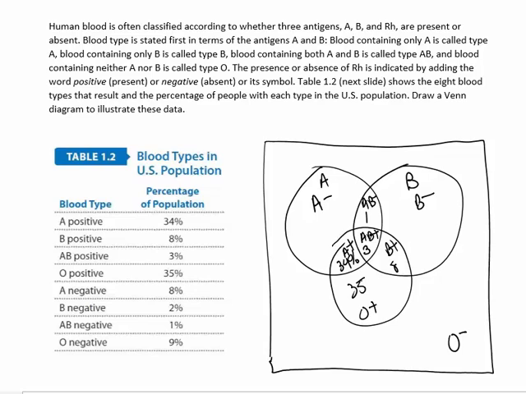A negative, so the 8% goes there. B negative would be 2%. AB negative we already got. And O negative, we'll call that 9. So there would be a Venn diagram detailing the same data set that we were just looking at.